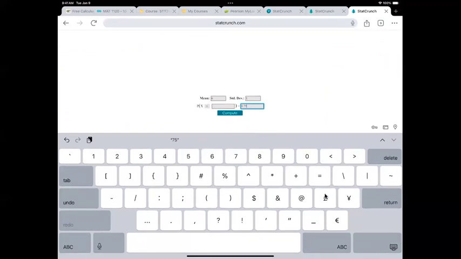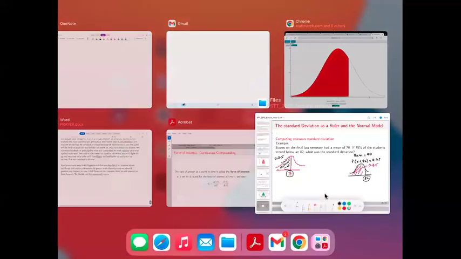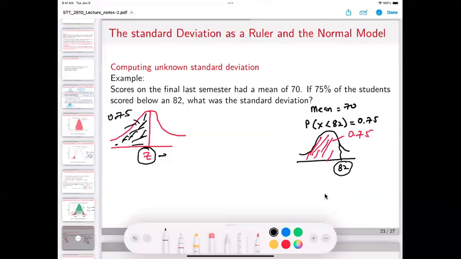Okay? And then hit compute. What do we get? 0.67448. So we know the Z value here is 0.67448. Any questions so far? We all okay? Right. Okay.